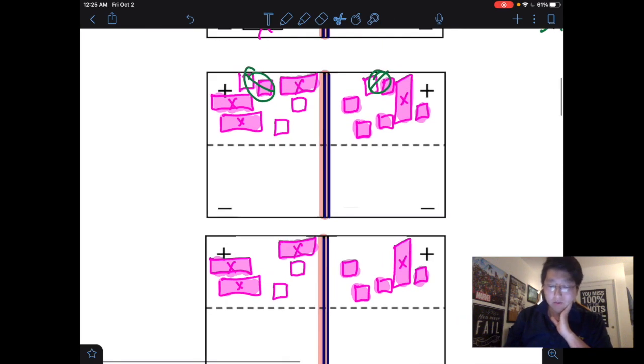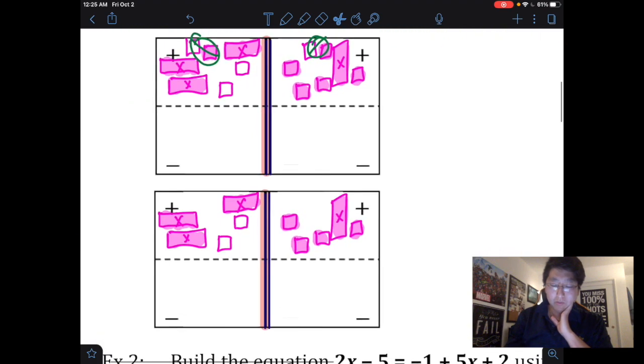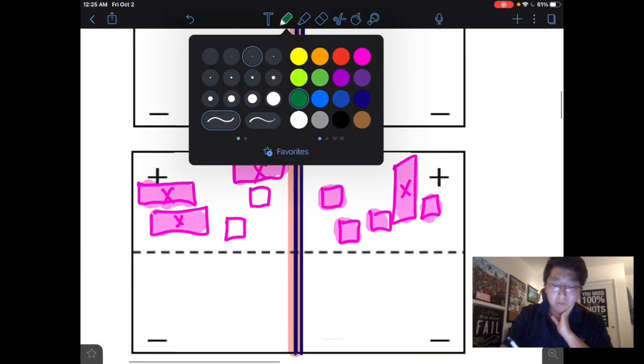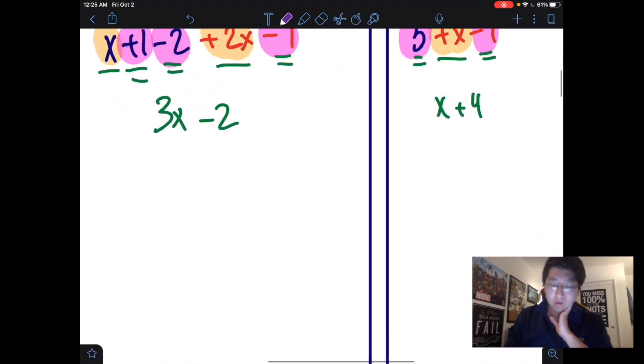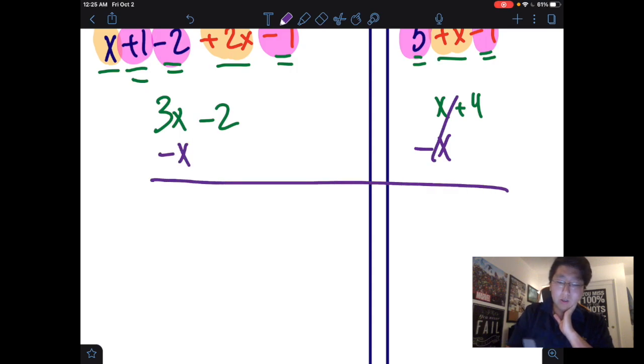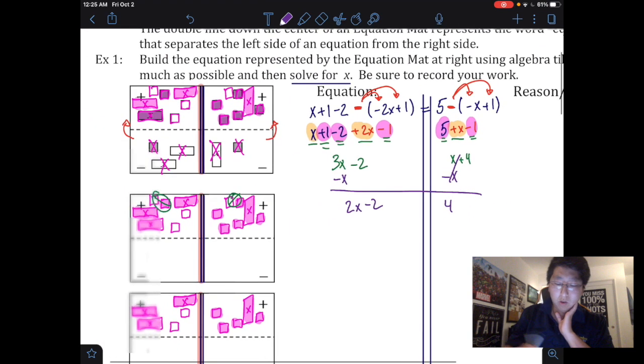And now that I created my 0 pairs, I'm going to remove equal values. So right here, I'm going to remove x's from both sides. So we get 2x minus 2 equals 4.